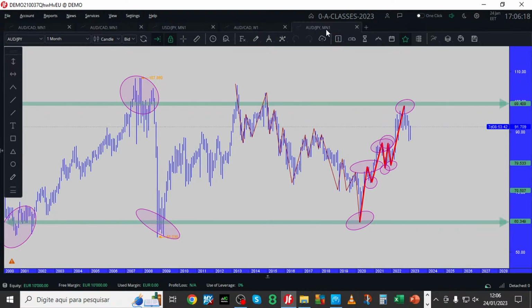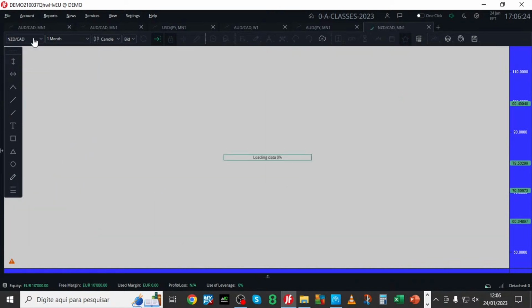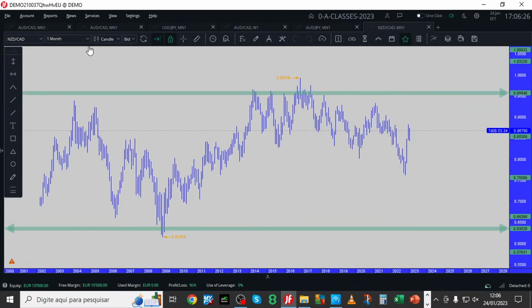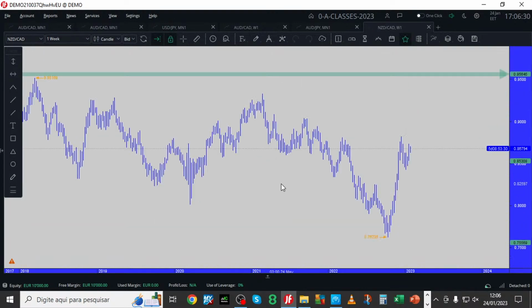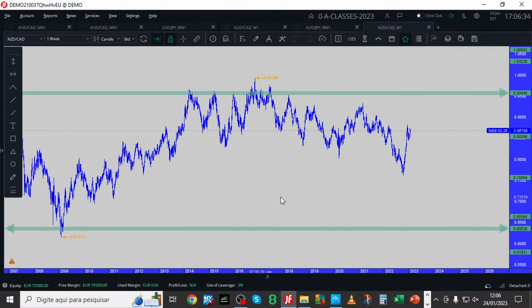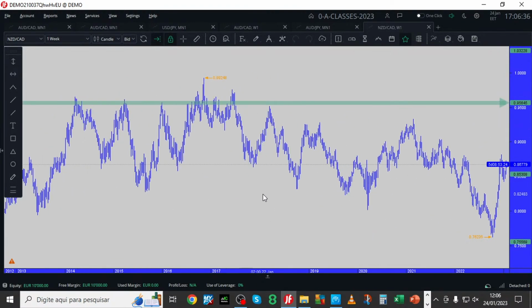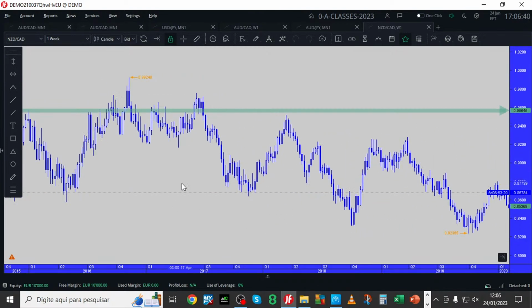Okay, everybody. So one more time, we are going to clone the chart and we're going to go to NZD/CAD weekly chart, and we are going to zoom out, everybody. Okay, and we are going to connect highs and lows, and we are going to connect what is called the market wave, right?